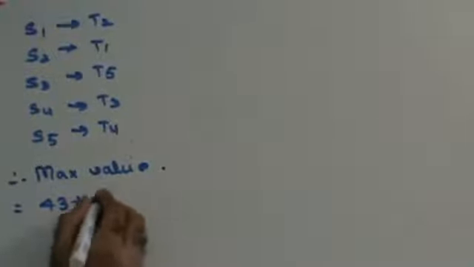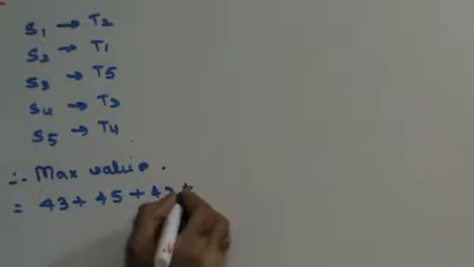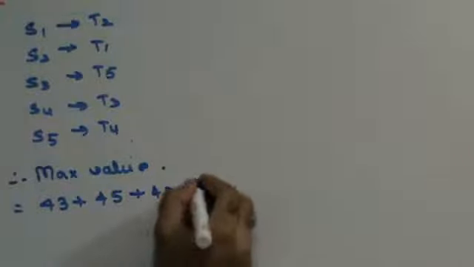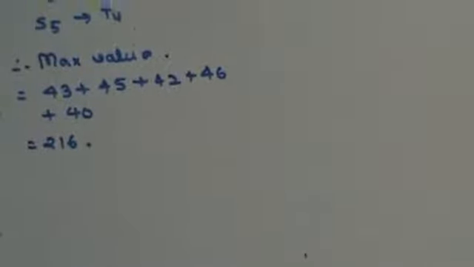Therefore, the maximum value is going to be equal to S1 corresponds to T2, that's 43, S2 corresponds to T1, that's 45, S3 corresponds to T5, which is 42, S4 corresponds to T3, that is 46, and S5 corresponds to T4, which is 40. Now, when you add all these values, you will get this answer as 260. Let's see the next one, guys.